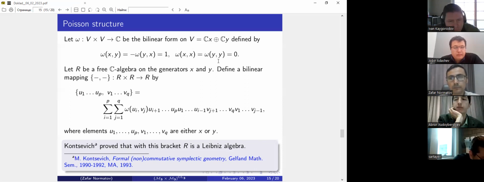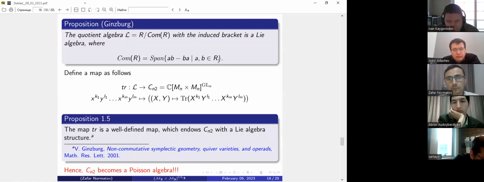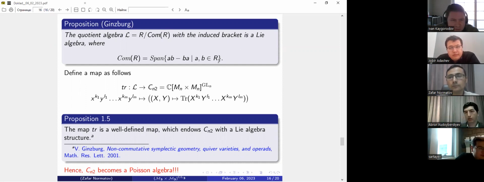Is not anti-commutative, but after this factorization it will be anti-commutative. It will be anti-commutative, yes. Yeah, and I'm asking about Kontsevich. If you will take in this Kontsevich... can we see this Kontsevich example?